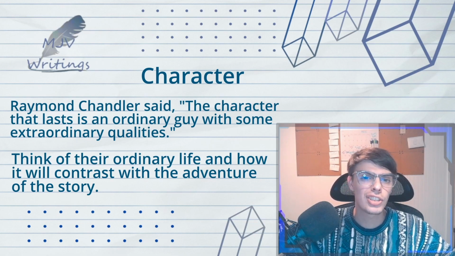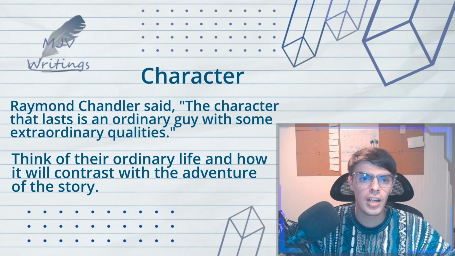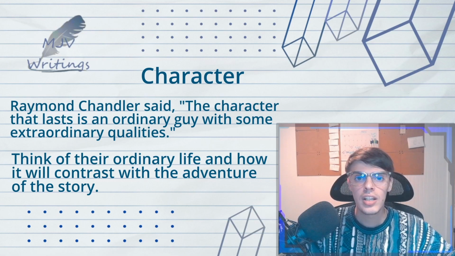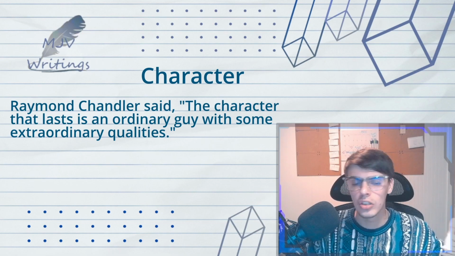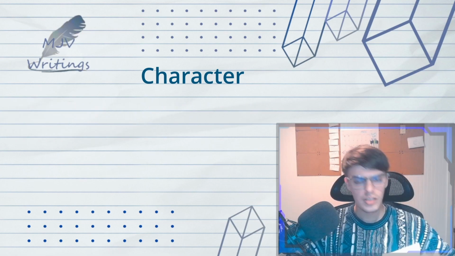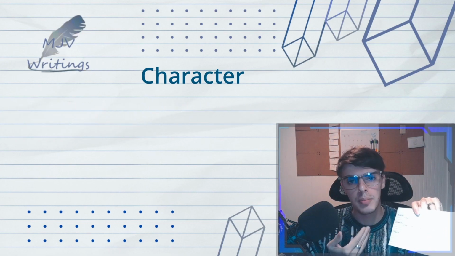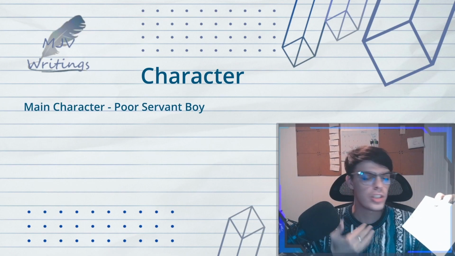So your character should contrast or almost seem like he is contradicting his position in the story or in the premise. So my character is going to be a lowly servant boy. So now we have our main character. It is a poor servant boy that I've chosen for this story.